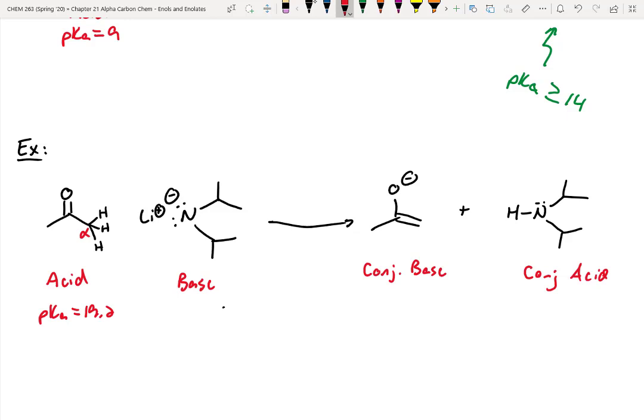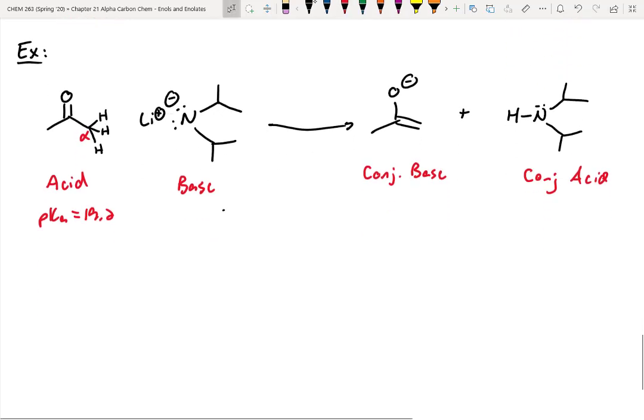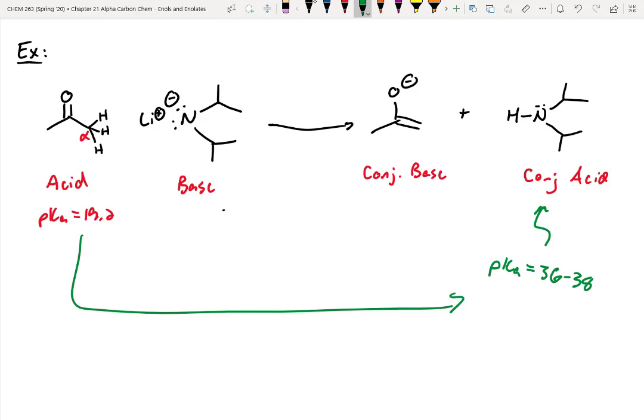And if you look up the pKa of this amine, it's going to be in the range of about 36 to 38. So as you can see, it's definitely more than 5 pKa units larger than this original acid, so that's good.